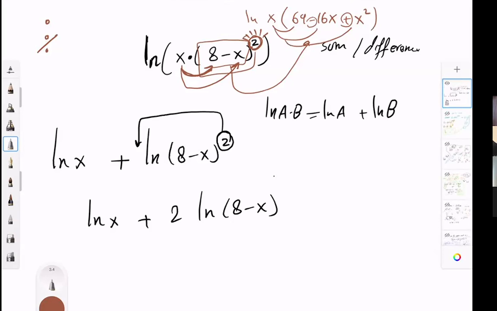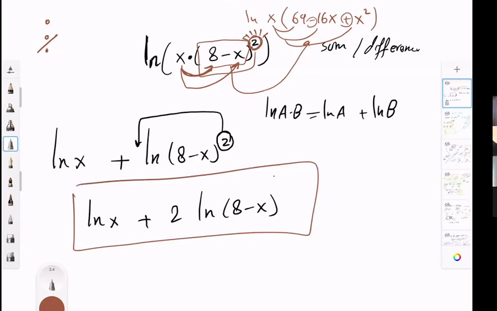Is that the final answer? This is the final answer. We made it to addition. I thought it said there shouldn't be any logarithmic expressions in the answer. What I see here is: if possible, write the expression using sum and difference of logarithms that do not contain the logarithms of products.